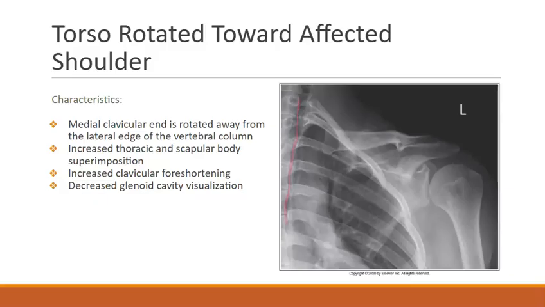The medial clavicular end will appear rotated away from the lateral edge of the vertebral column. There will be increased superimposition of the thorax over the scapular body. The clavicle will appear foreshortened, and visualization of the glenoid cavity is reduced.